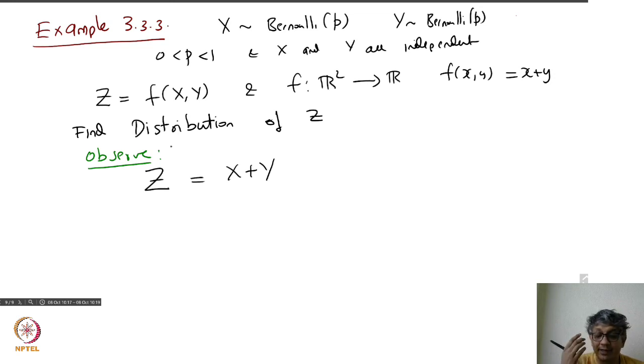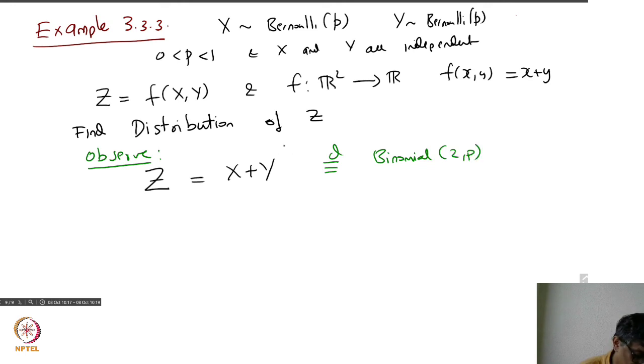If you go back to the experiment idea, you already know that X is independent of Y. That means I'm observing the number of successes in two tosses, and that's the same as a binomial (2, p), because what we observed is the number of heads or successes in two trials, and that's one way of understanding.